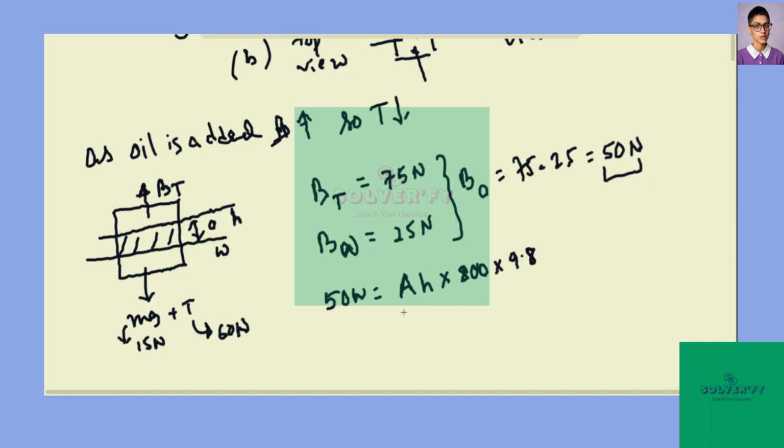So from here we can find the volume inside oil, which comes out to be 6.37 times 10 to the negative 3 meter cube.